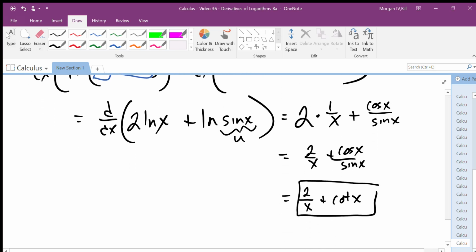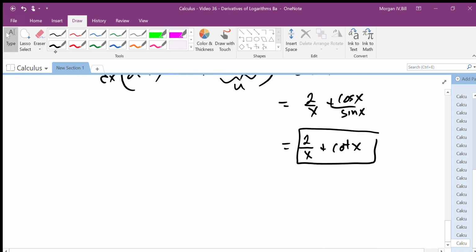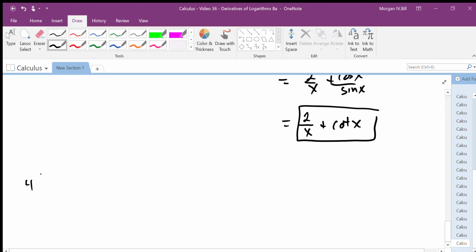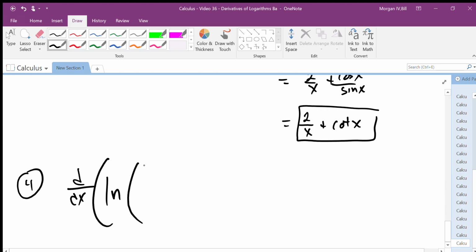All right, let's try at least one more here. Number 4. The derivative of the natural log of 5x times the square root of x squared minus 1 divided by the cubed root of 3x plus 4.